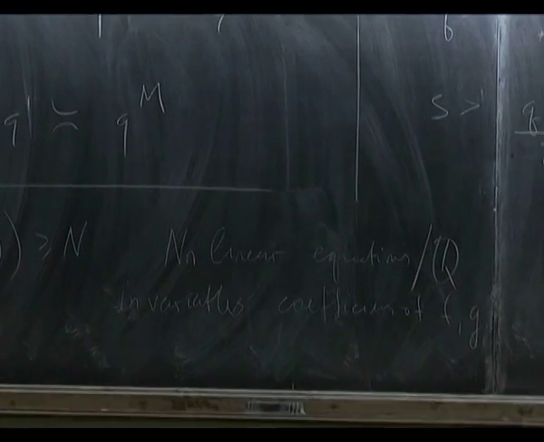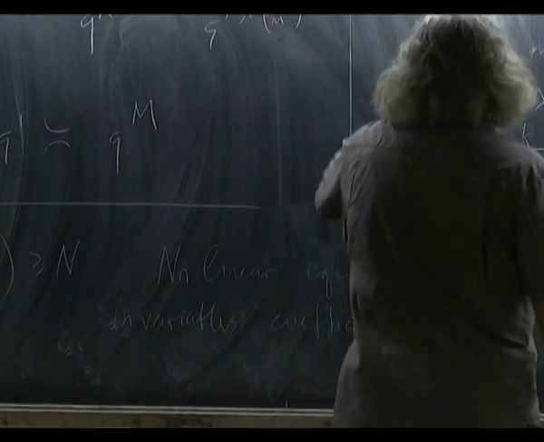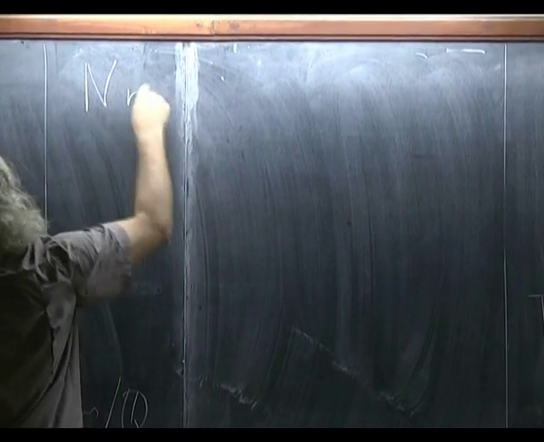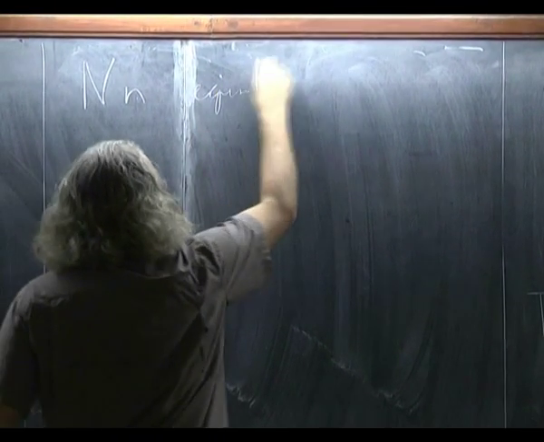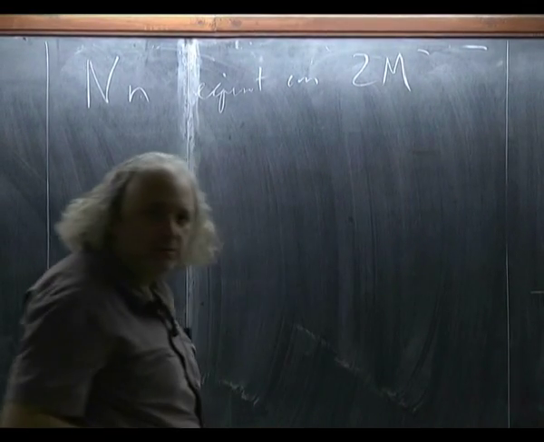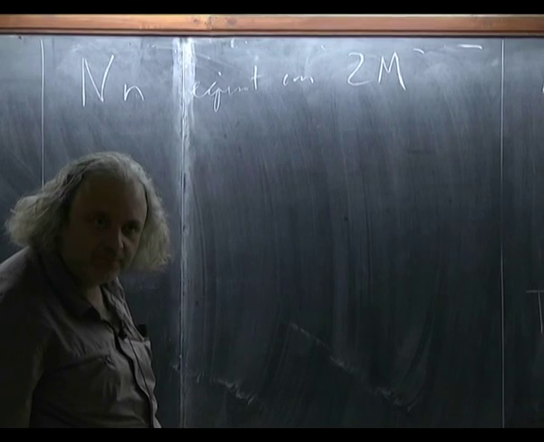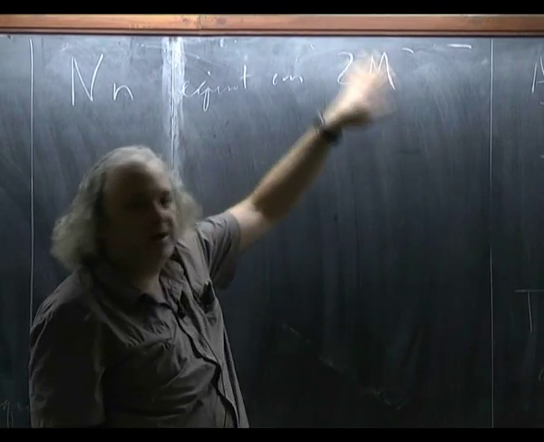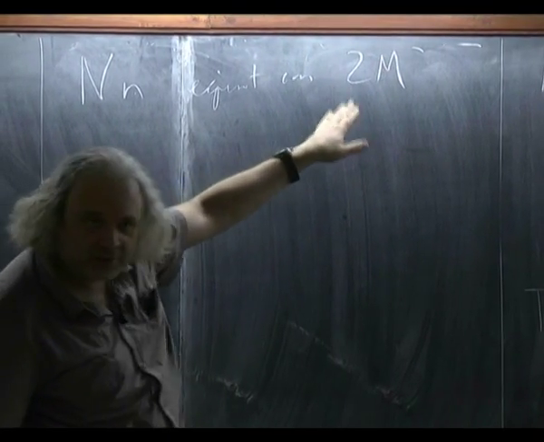So we obtain n equations in around 2m variables, well, actually 2m plus 2, but let us forget about this.